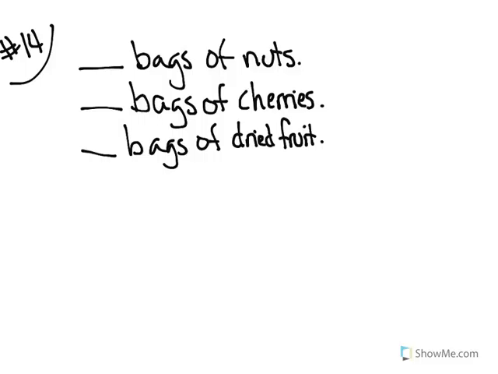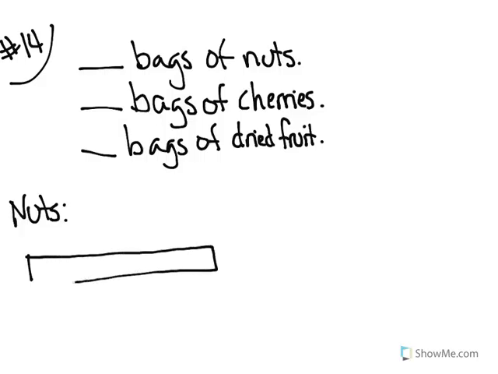So if I take a look and I think about my nuts, let me start off with those. I know that I am starting with 3 pounds of nut mix, and then I need to separate it into 1/8. So what I need to know is how many pieces the size of 1/8 are in 3.